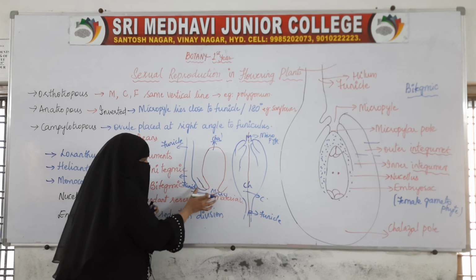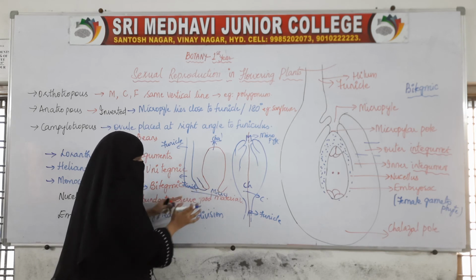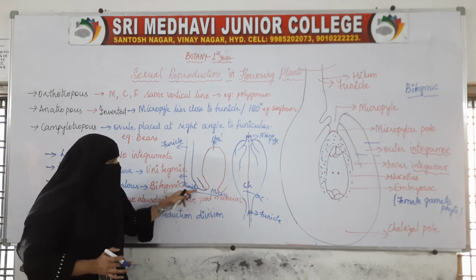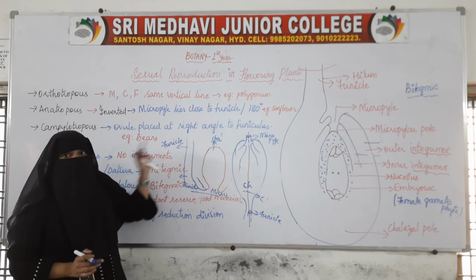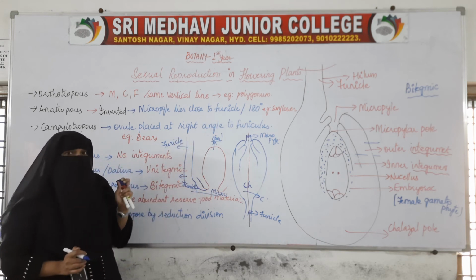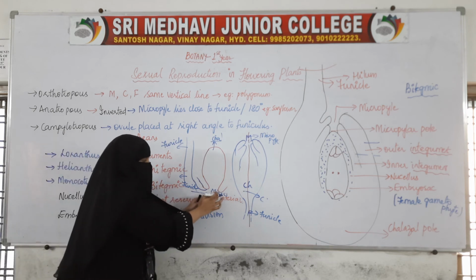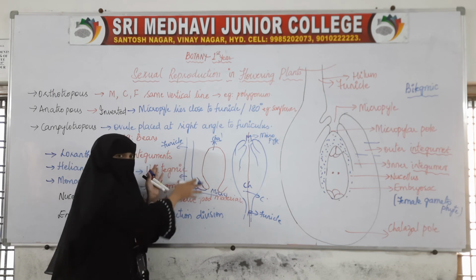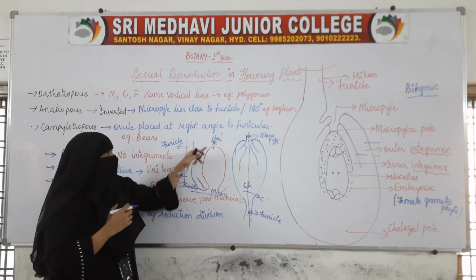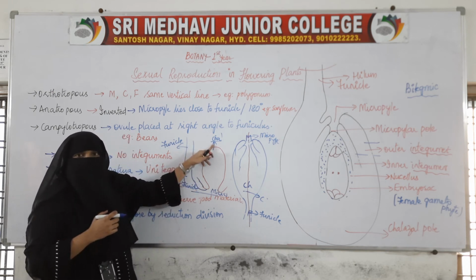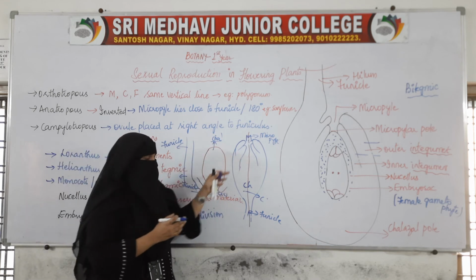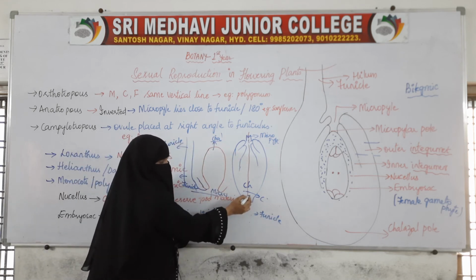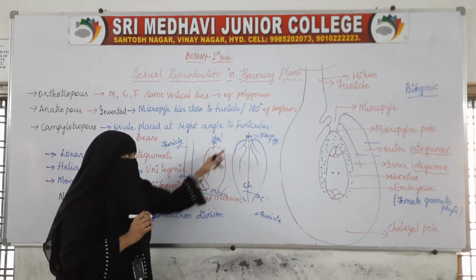So here I said micropyle and funicle are close to each other and the funicle takes a 180 curve. Such type of ovule, where micropyle and funicle are close to each other and the funicle takes a 180 curve, and here it will be the chalaza, is just inverted of this one. Chalaza is at the base, micropyle is at the top there.